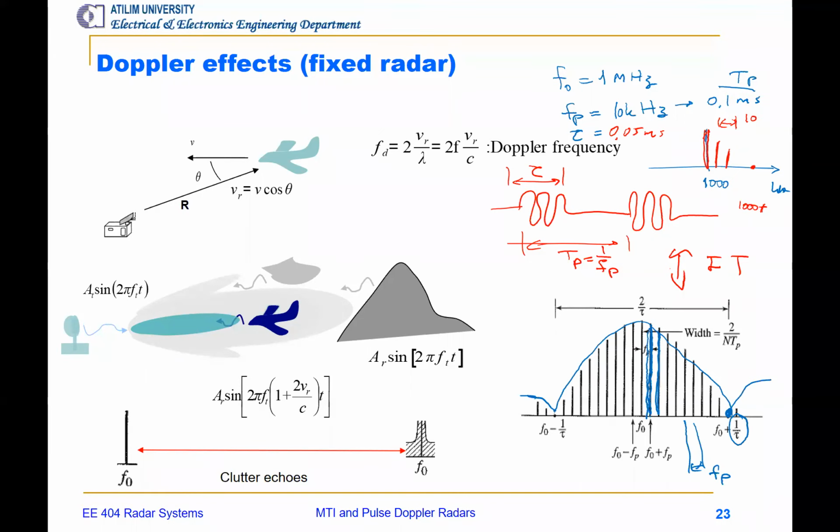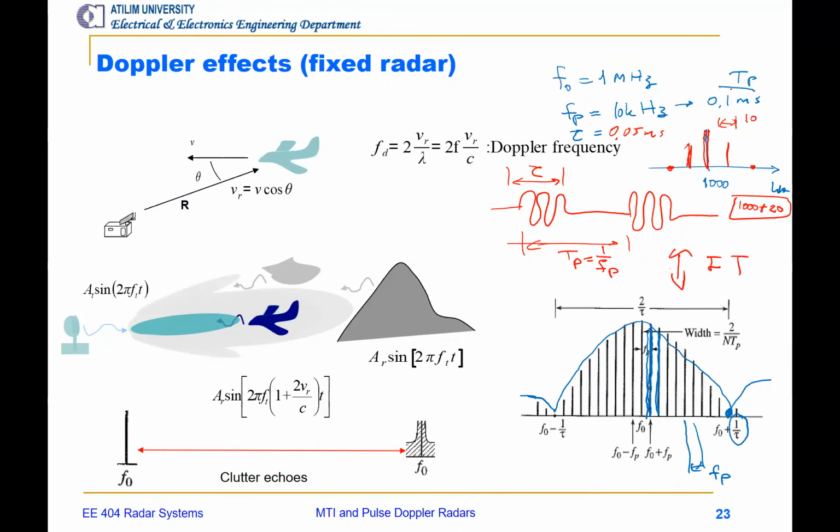So 1 over 0.05 is going to be 20, right? 20 kilohertz. So it's going to be 1000 plus 20, which means that there is just one line here. Just one line, and then 0.